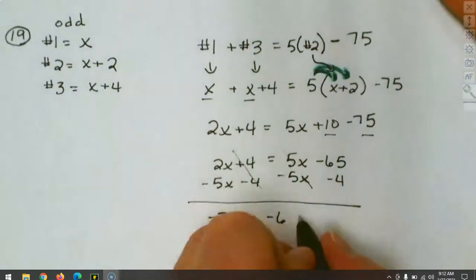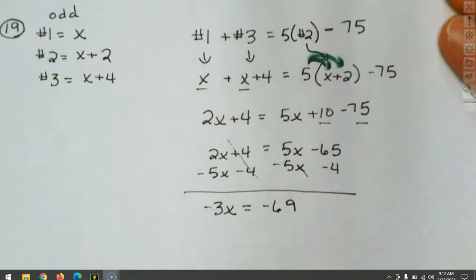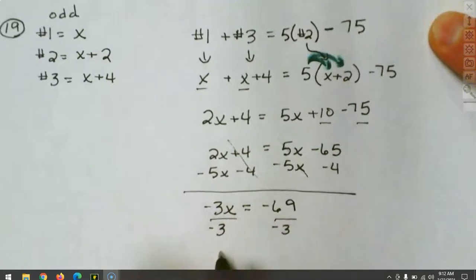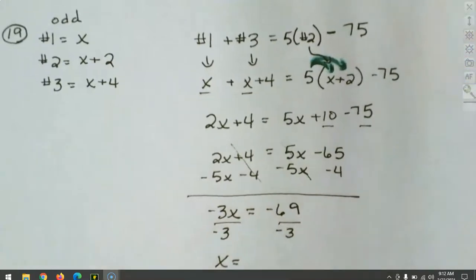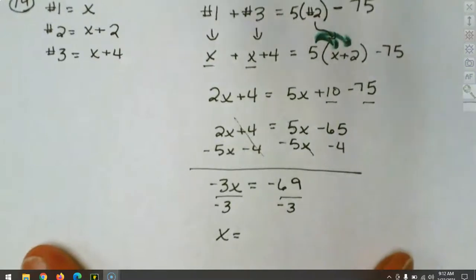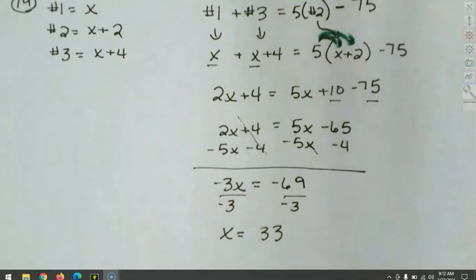They're both negative, so it stays a negative 69. We'll divide by our negative 3. Negative over negative makes it then a positive 33, it looks like. Now, that is not my answer. Let's go ahead and get all 3 of them, and then we'll get the third integer.